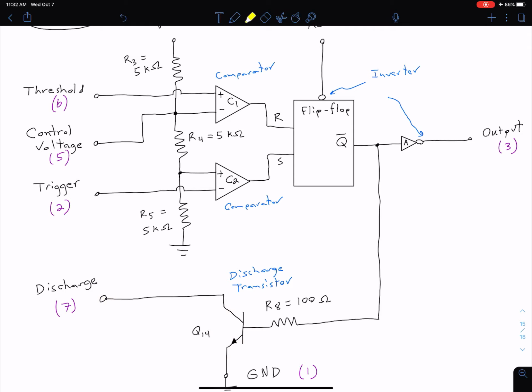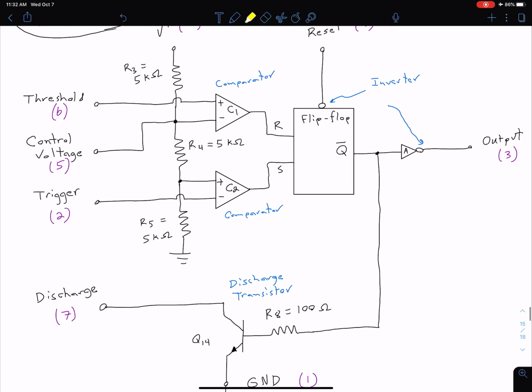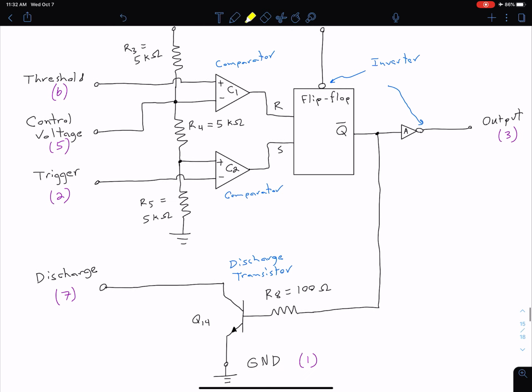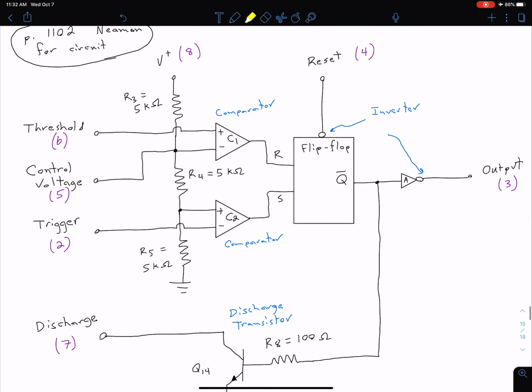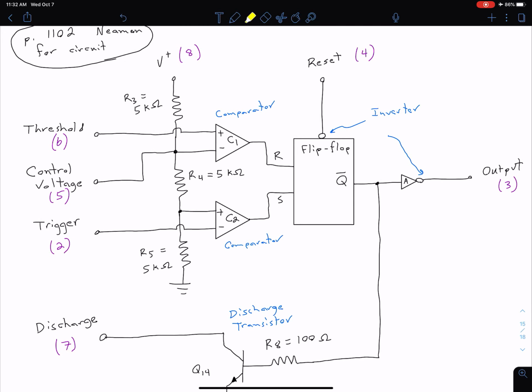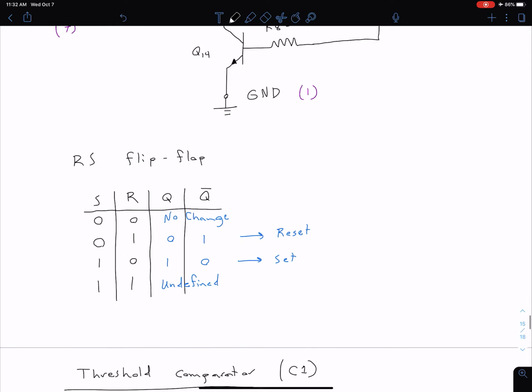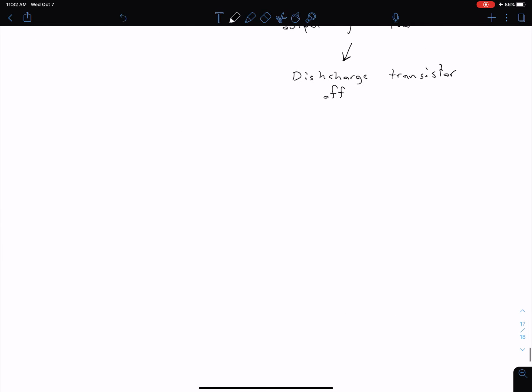So that's a look into where we're going in terms of the basic idea of control here. The other pins we want to talk about that we haven't addressed explicitly are our output, which we're going to see later gives us a square wave output, as I've shown in previous videos, and also this reset pin, pin 4 on the top of our flip-flop. Let's talk about what we typically want to have that set at.